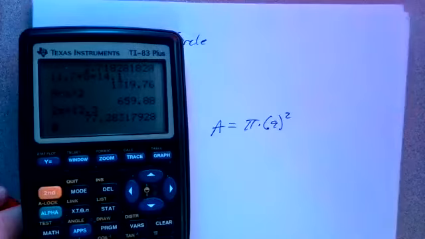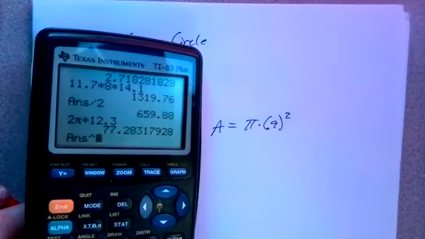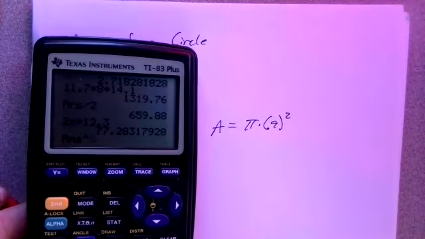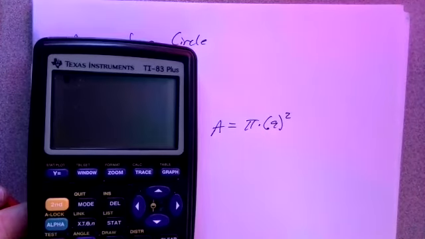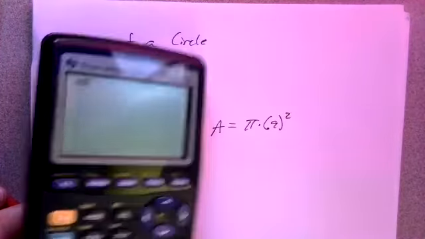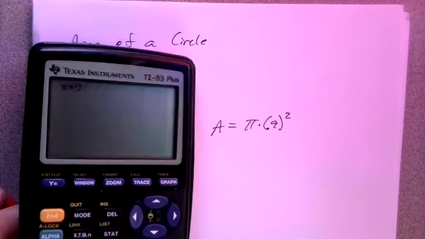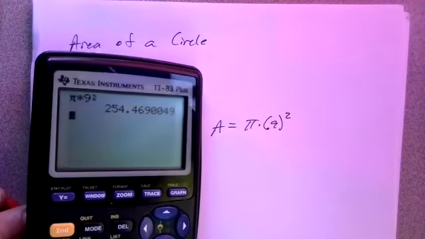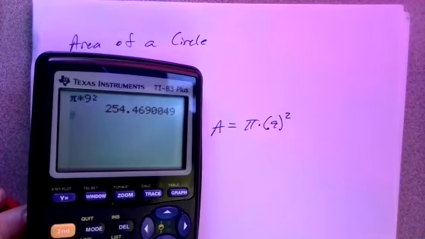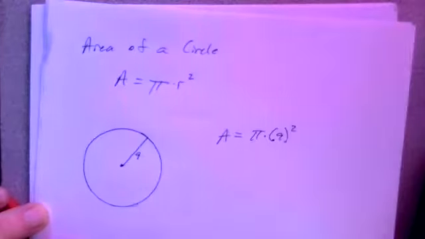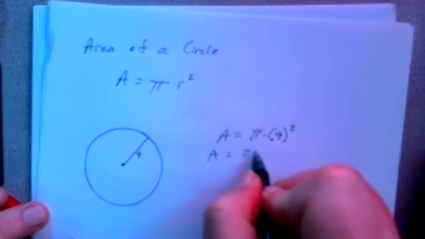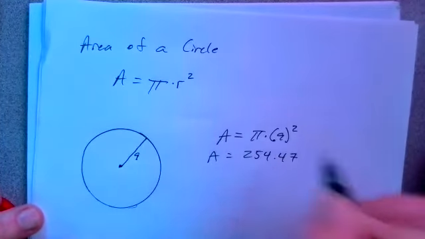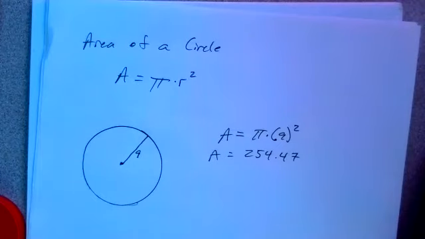I'm going to use my pi button. Pi times 9 squared, and I get 254.47. So the area is 254.47. It cannot be any easier than that.